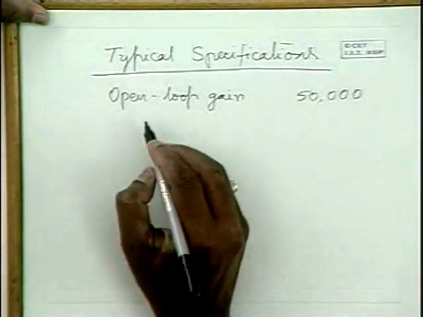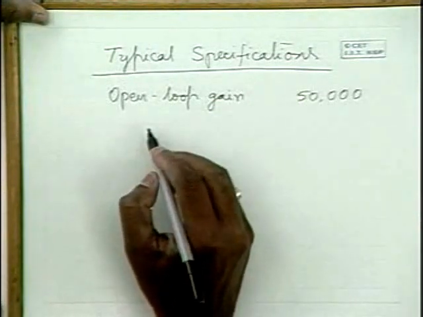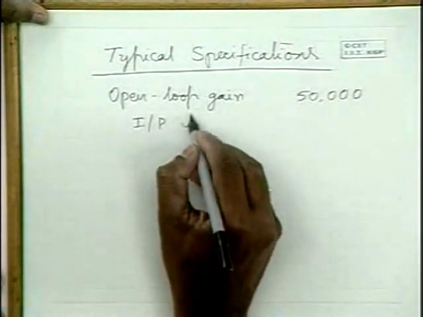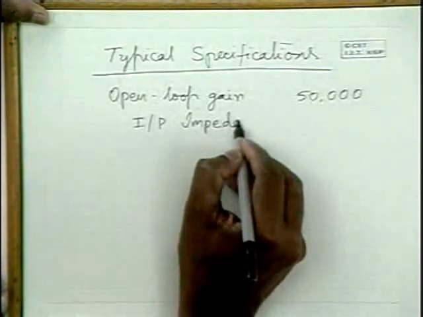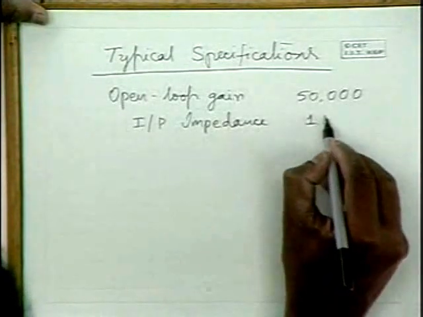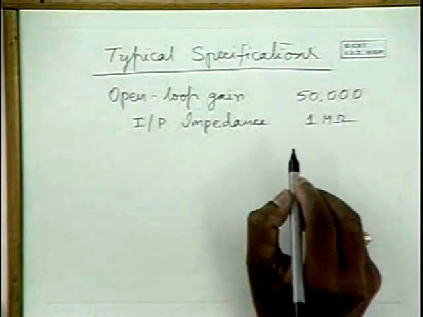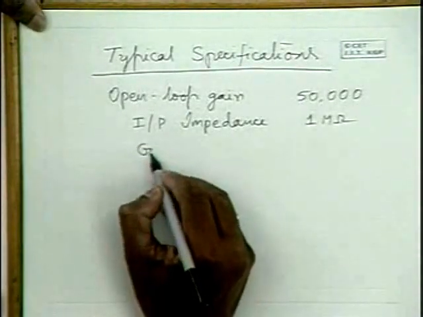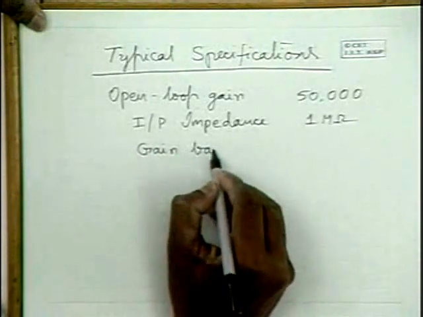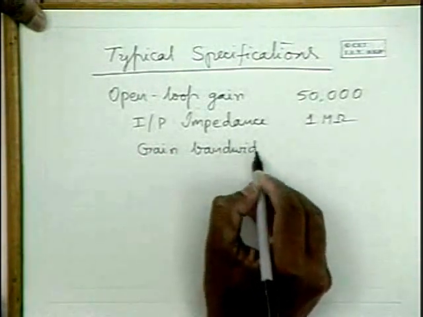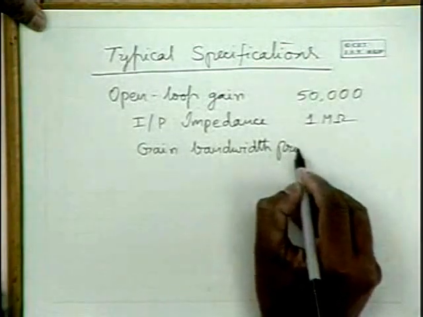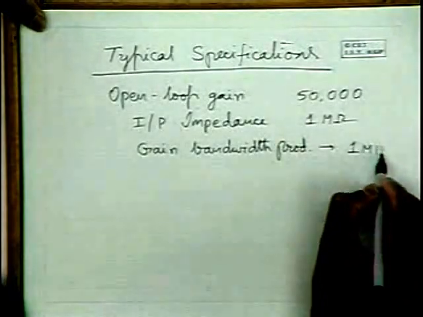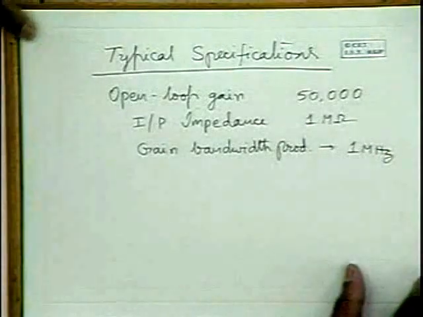Then input impedance, one megaohm or hundreds of megaohms. Gain bandwidth product, for example, for 741 it is 1 megahertz. I'll explain what gain bandwidth product is.